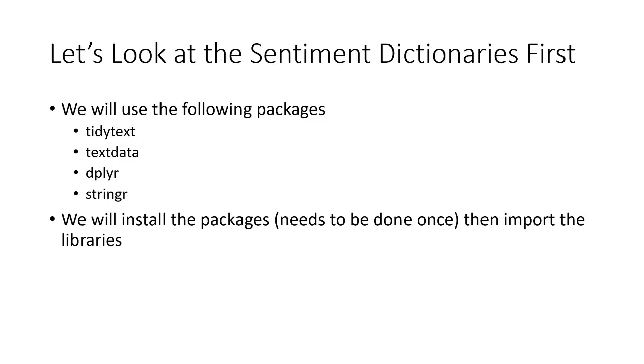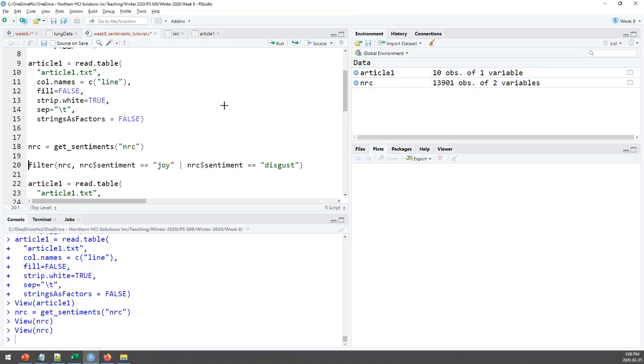Now, something else we haven't covered to date, or we might have covered it, but we glossed over it. What if for some reason you want to take a second look at this dictionary? This sentiment dictionary has got 13,000 different sentiments in it. That's a lot.